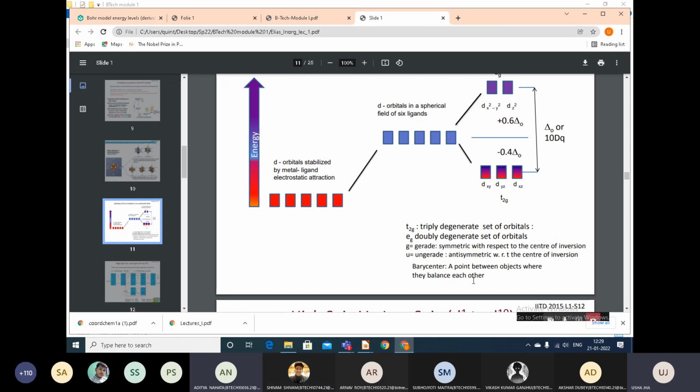So you can use either 10 dq or just call it delta O. Okay.